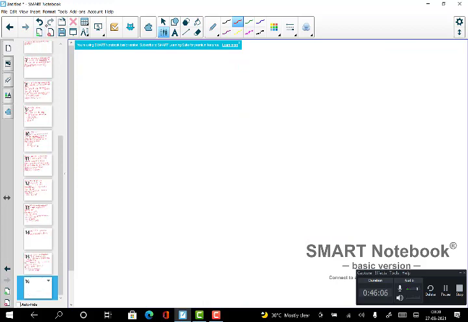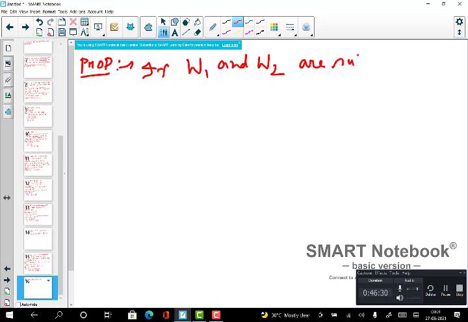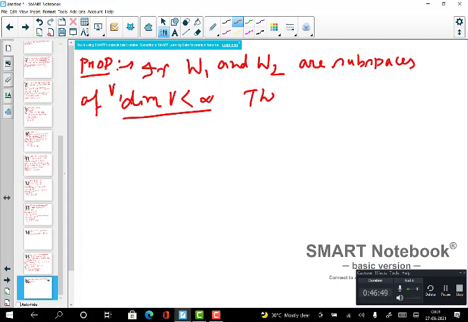And so the next observation, or next corollary, or proposition, whatever you say, is that if you have two subspaces W1 and W2 of this finite dimensional vector space V, then you have some characterization.